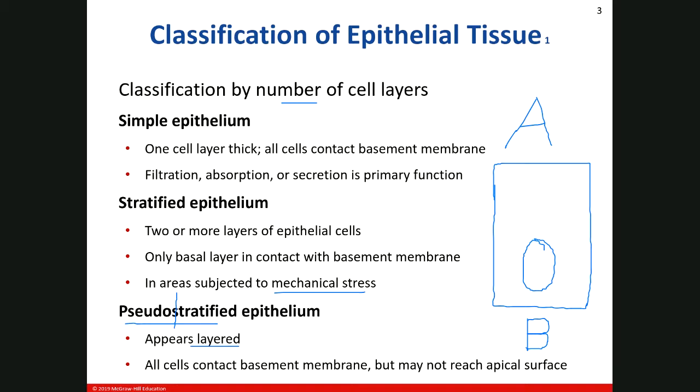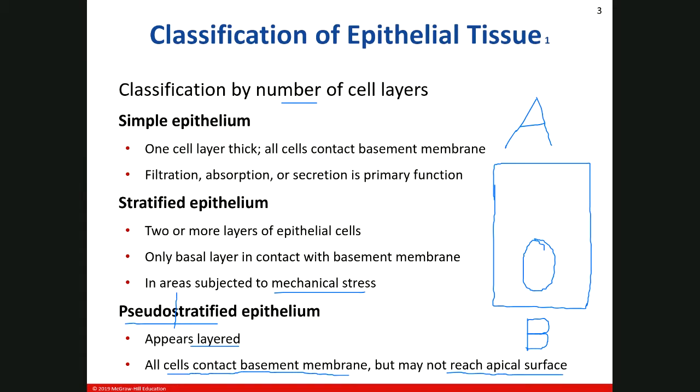Here's how. In stratified epithelium, the only cells that make contact with the basement membrane is the bottom layer. In pseudostratified cells, it appears to be layered, but all the cells will connect to the basement membrane, but not all of them will reach the apical surface.